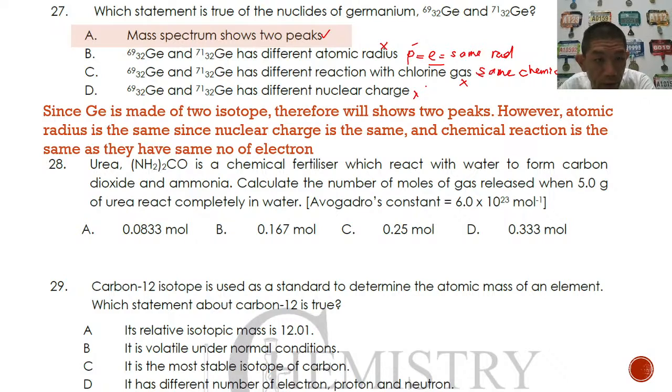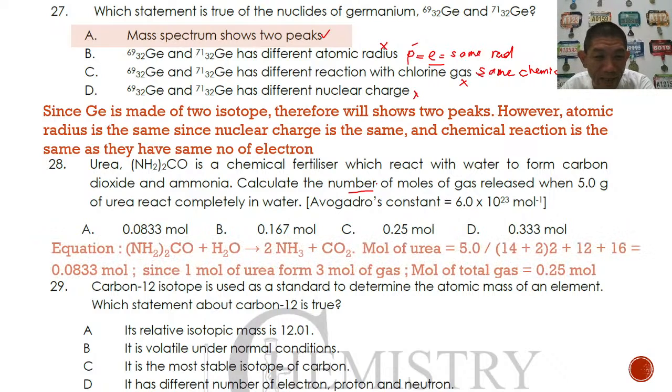28. Urea, N2H4CO, is a chemical fertilizer which reacts with water to form carbon dioxide and ammonia. Calculate the number of mole of gas released when 5.0 gram of urea completely reacts with water. So you have to write the balanced equation again: NH2CONH2 plus H2O gives 2NH3 plus CO2.